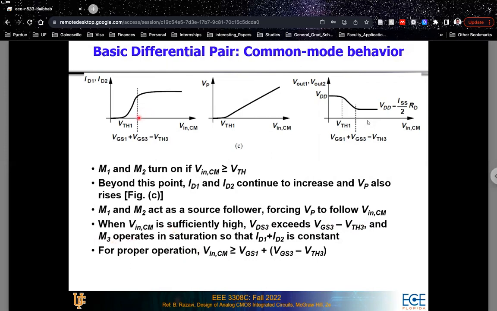And if M3 starts operating in saturation, the current through the devices will saturate. So that's what you see in the left-hand side graph, that the current is saturating after a certain point. And what is that certain point? That's basically the overdrive of the M3 transistor.